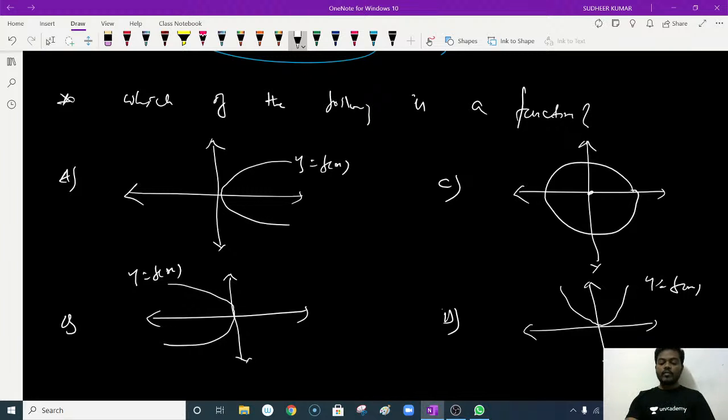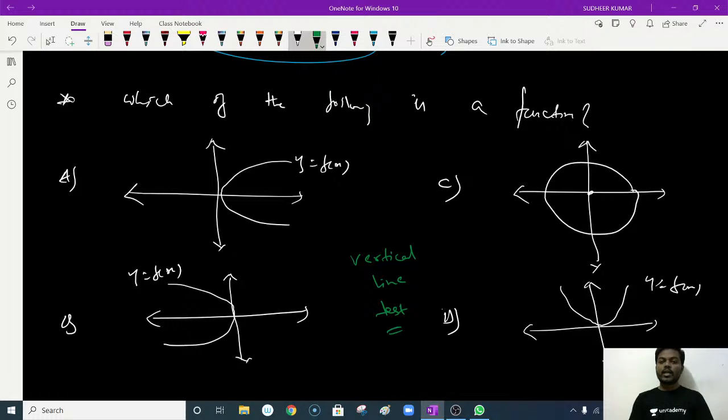Now how to find, if the elements are given, we can find out whether it is a function or not. But if the elements are not given, if the graphs are given, how do you find whether it is a function or not? So to find this result, we'll use the vertical line test. Here the shortcut is the vertical line test. Instead of taking all the points and finding out the images, we'll see the vertical line test.